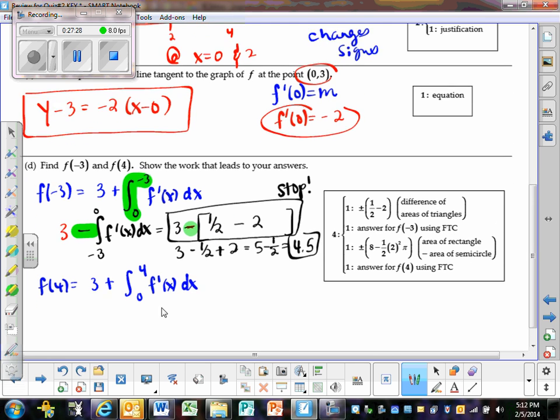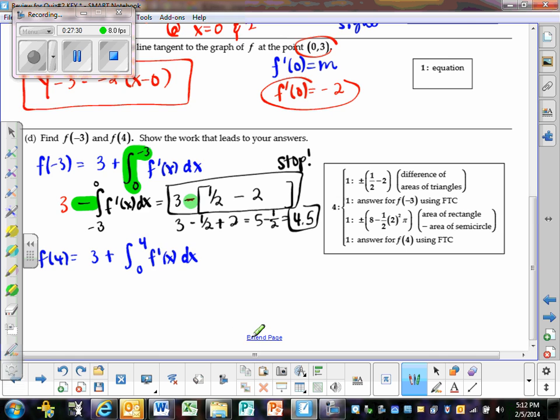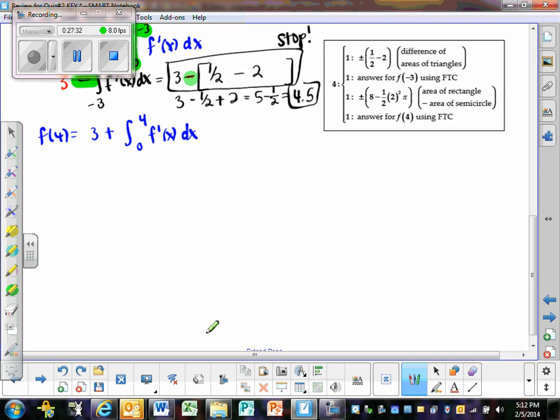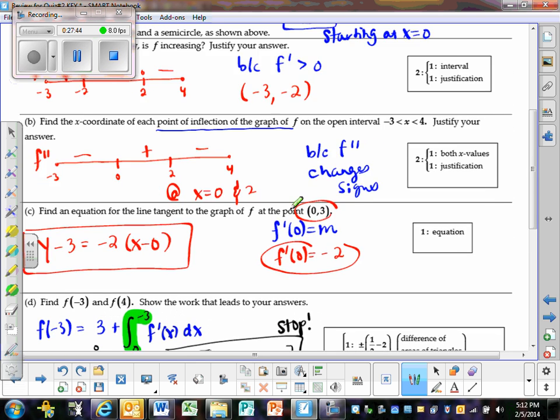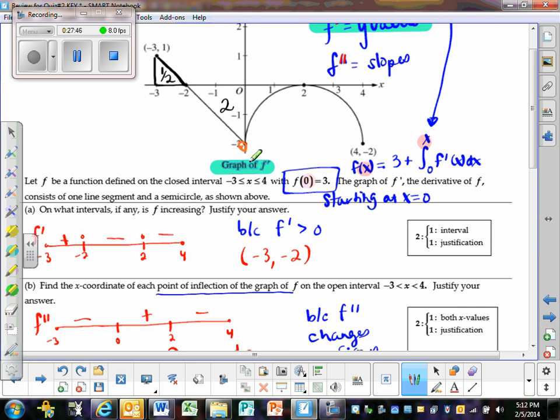Okay, now, the trickiest part of this question comes from this next piece. This equation is in the correct order. We do not have to flip anything. So it's actually going to be 3 plus the geometry that we need here. It's the geometry for this piece that's a little tricky. We're looking for the area that's bounded, so we're actually looking for the area here between the x-axis and the curve.